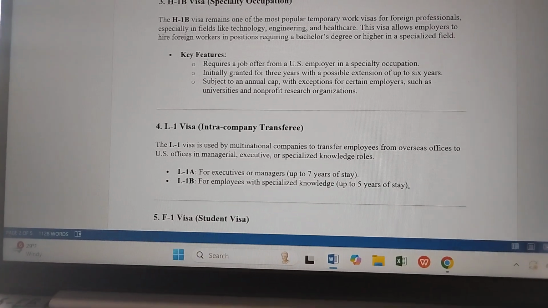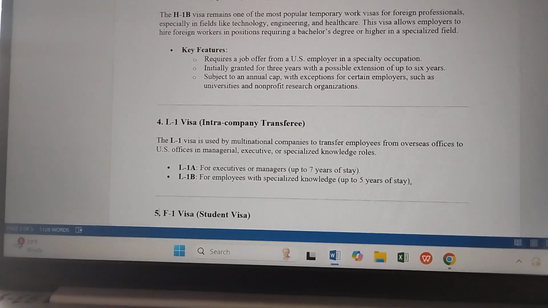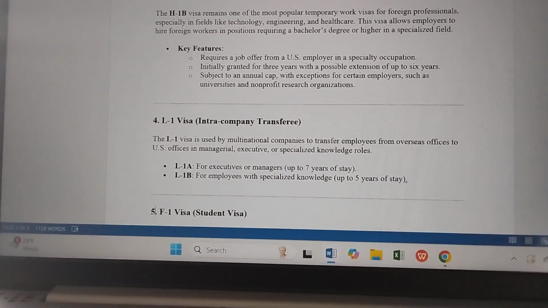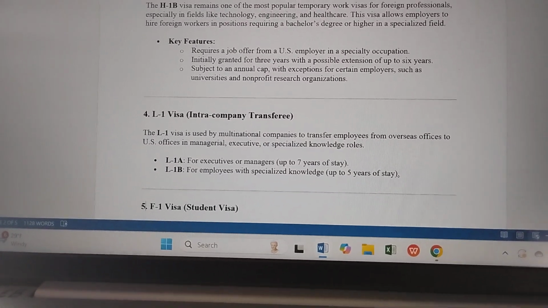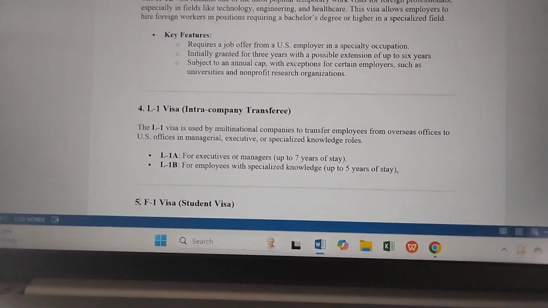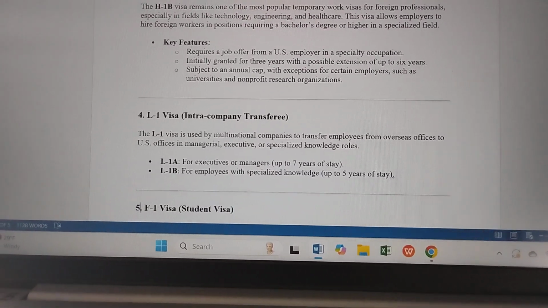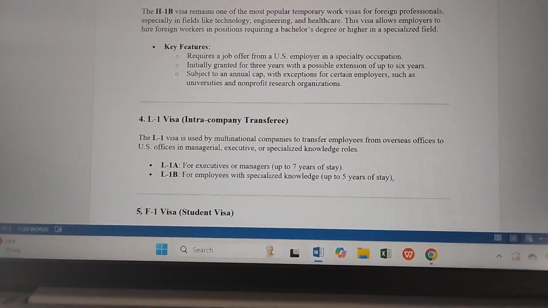Key features: it requires a job offer from a U.S. employer in a specialty occupation for you to use the H-1B as a pathway to the U.S., initially granted for 3 years with a possible extension of up to 6 years. So you can come to the U.S. for 6 years, subject to an annual cap, with exceptions for certain employers such as universities and non-profit research organizations.